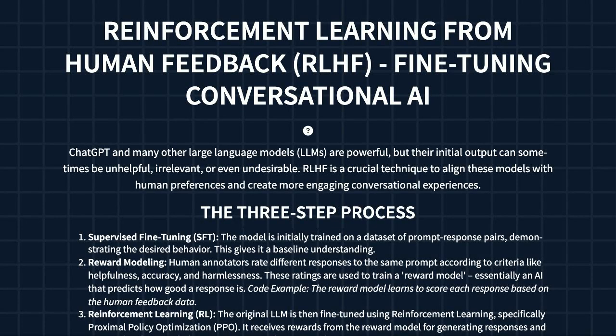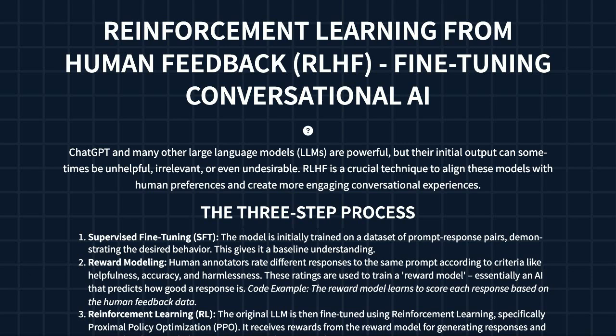Okay, let's talk about how we make these massive language models, like ChatGPT, actually good at what they do. It's not just about feeding them tons of text. That's the first step. Then, we use something called RLHF, reinforcement learning from human feedback. Basically, we start by training the model on examples of how it should respond. Think of it like showing it a bunch of good answers. Next, we get humans to rate different responses to the same question, telling us which ones were helpful, accurate, and harmless.